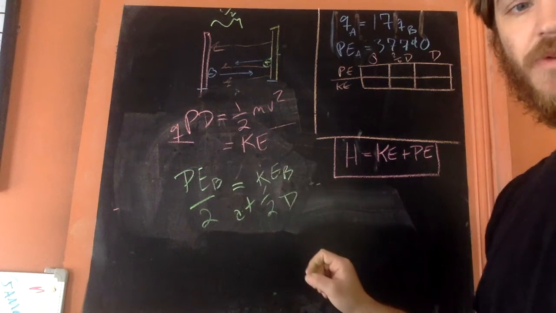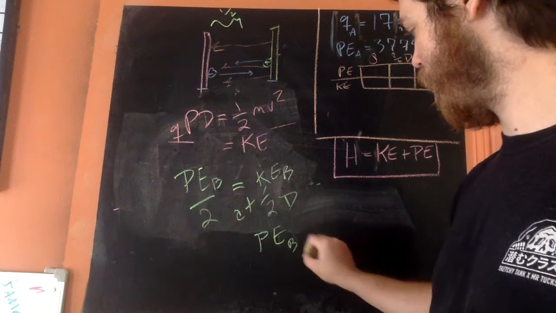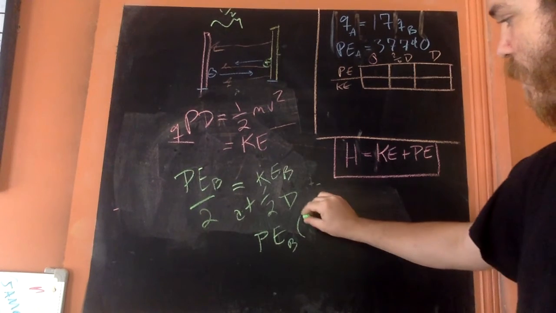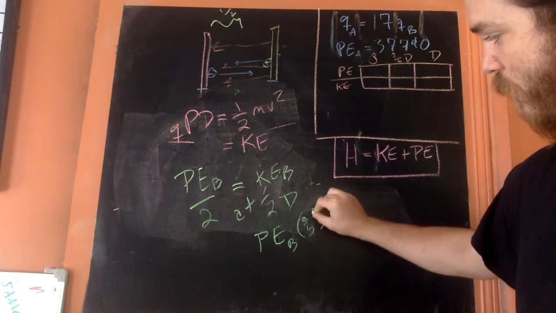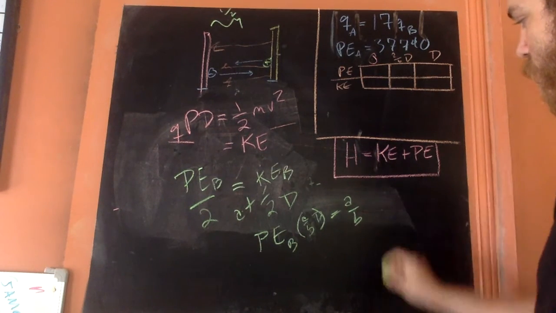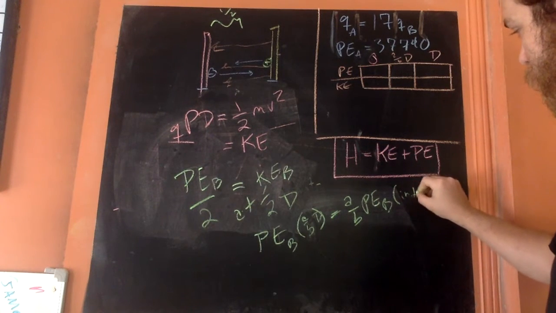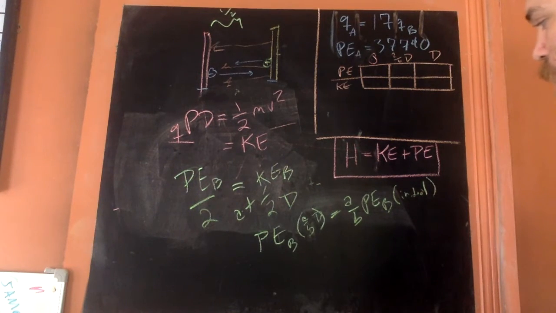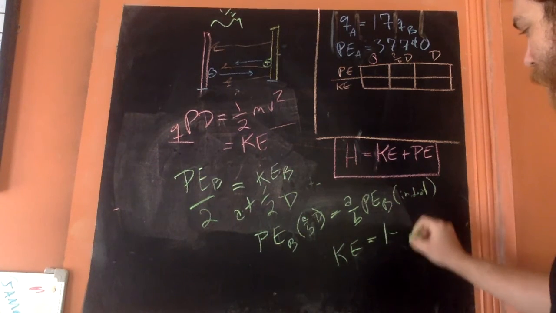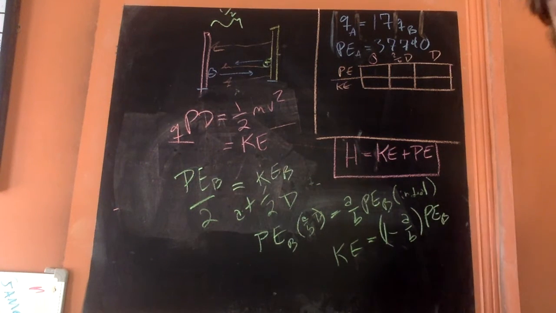This is a specific example. The potential energy of B at a fraction A over B of the distance D is equal to A over B times the potential energy of B at time 0, initial. Which means that the kinetic energy is equal to 1 minus A over B times the potential energy of B.